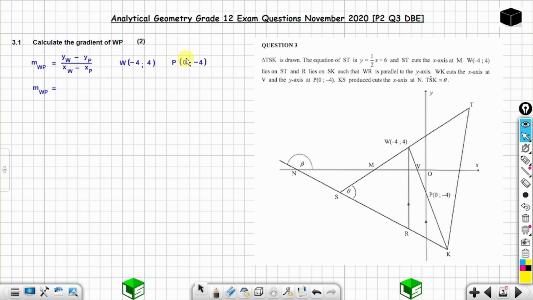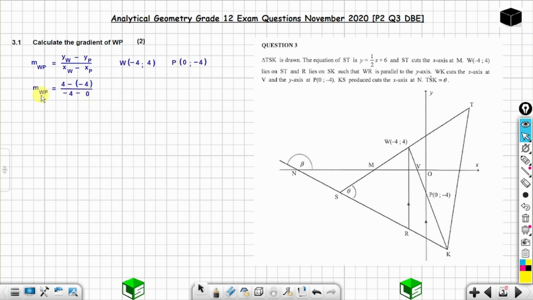So the y coordinate of W is 4, minus the y coordinate of P, which is negative 4, over the x coordinate of W, which is negative 4, minus the x coordinate of P.